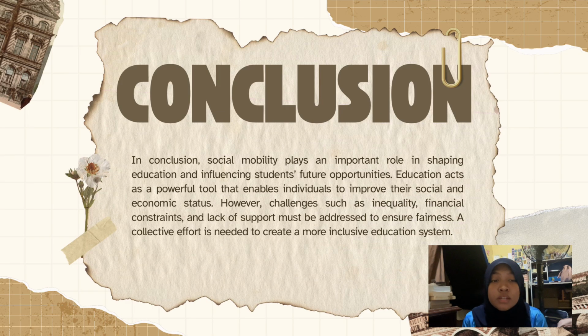However, challenges such as inequality, financial constraints, and lack of support must be addressed to ensure fairness. A collective effort is needed to create a more inclusive education system because education is a tool for mobility, as education helps individuals gain knowledge and skills that improve their chances of upward social movement.